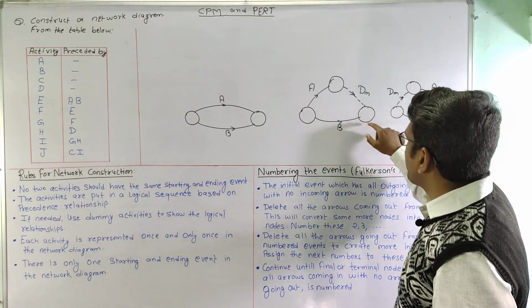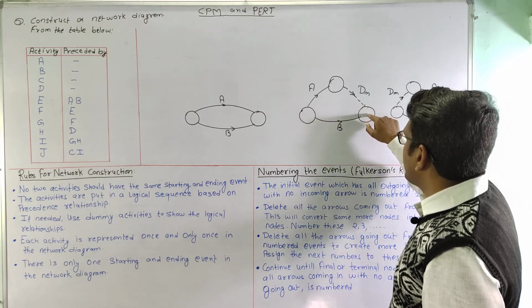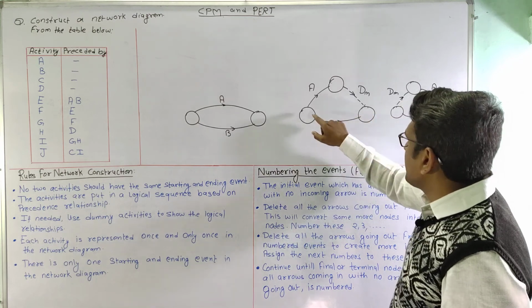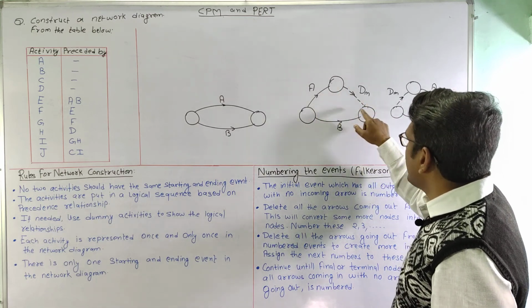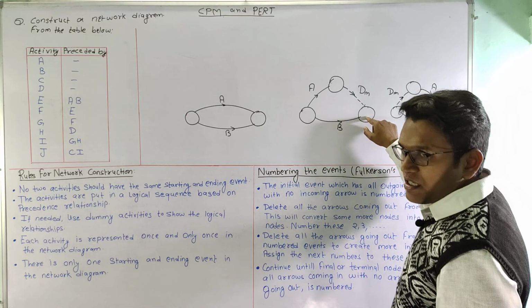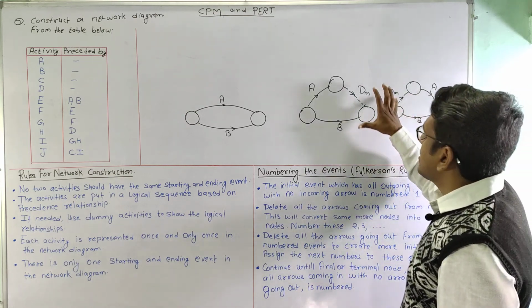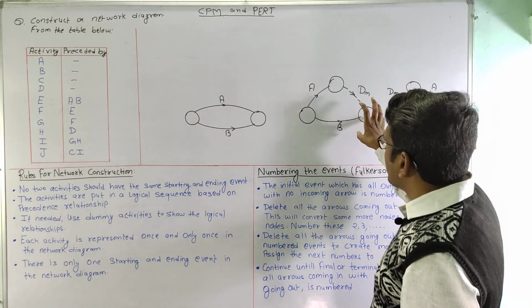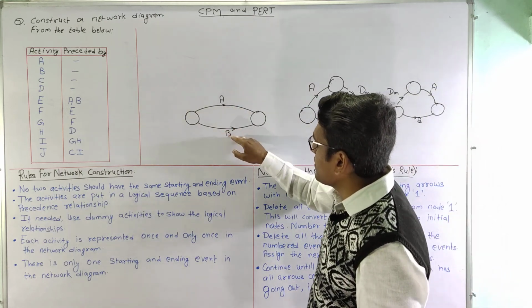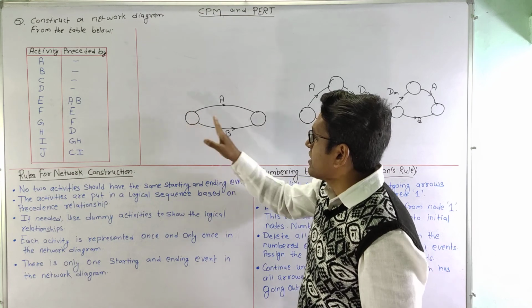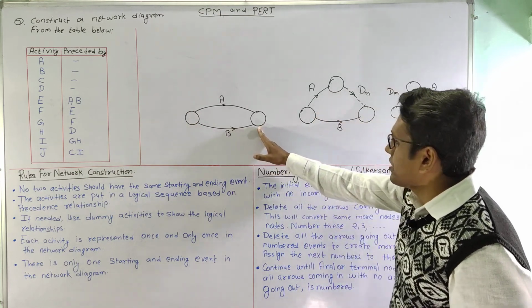That means at this event or node, activity A is completed as well as activity B is completed. Similar is the case here. So we are following precedence without having two activities with the same starting and ending point.